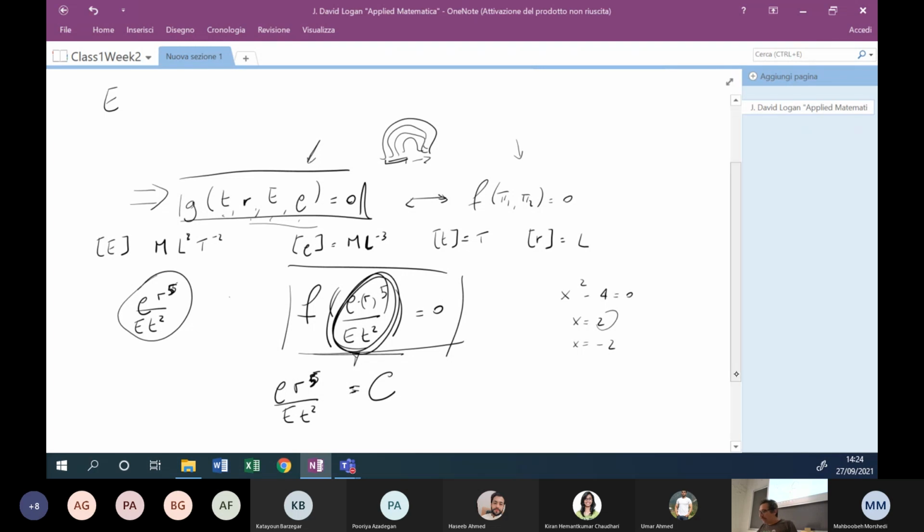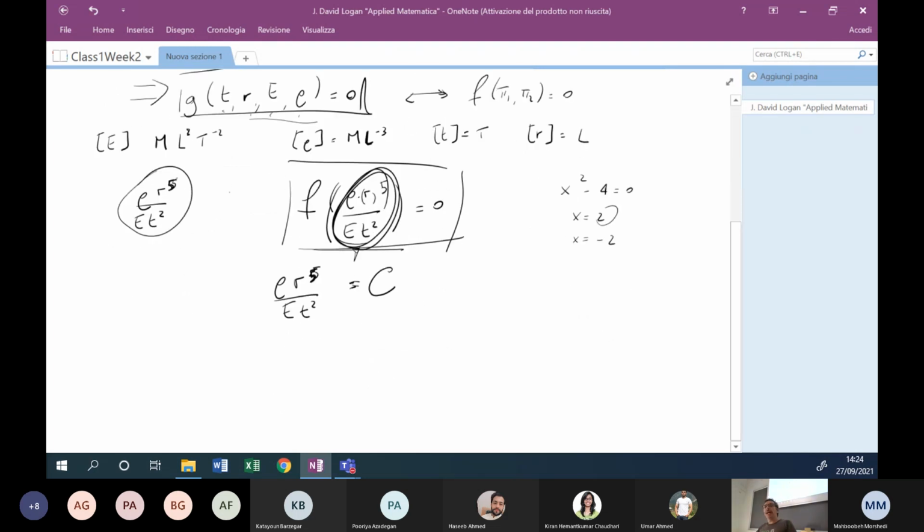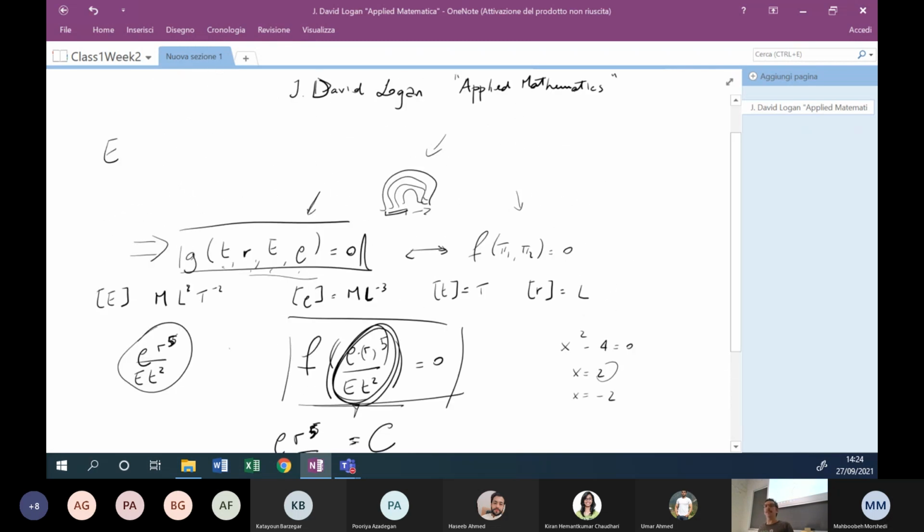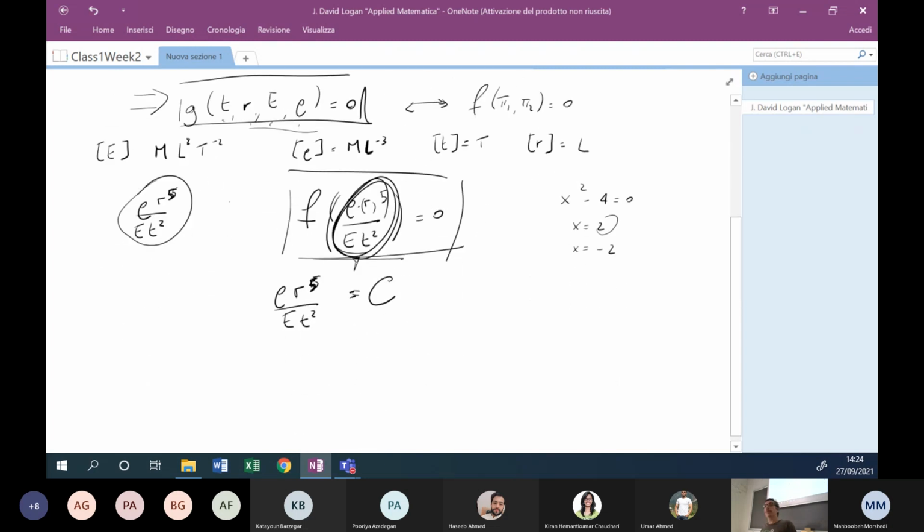So without having any idea of what's the physics going on inside this beast, I've been able to find at least the mathematical behavior of the variables rho, r, e, and t, one with respect to each other.